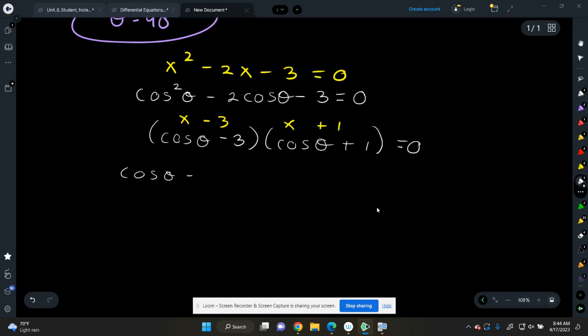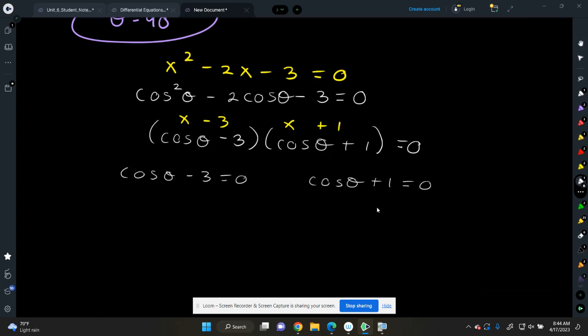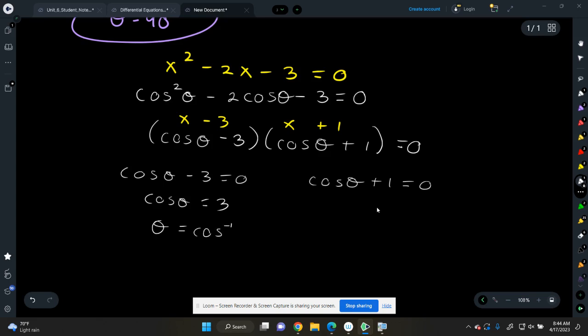Cosine theta minus 3 equals 0. Cosine theta plus 1 equals 0. So we get cosine theta equals 3, which means theta equals inverse cosine of 3. So what does theta equal there? Nothing. Can't do it. We don't go over 1 or below negative 1, right?